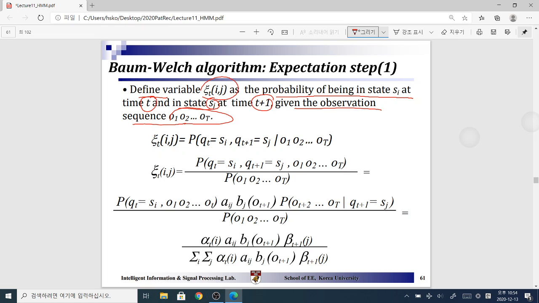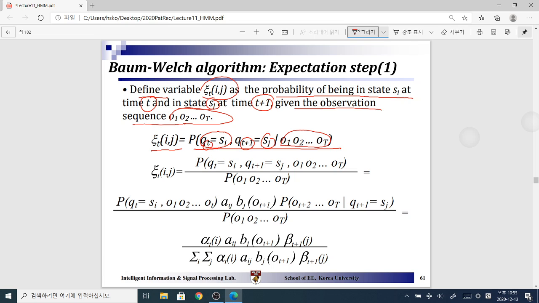Mathematically, psi sub t of ij is expressed as the joint probability of state i at time t and state j at time t plus 1, given the entire observation sequence.